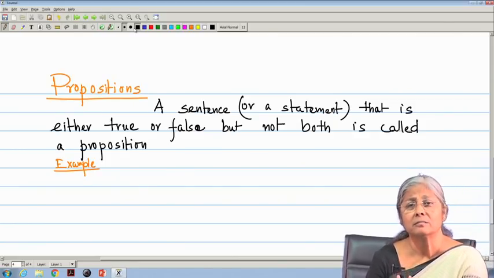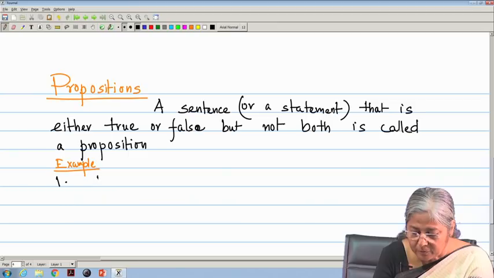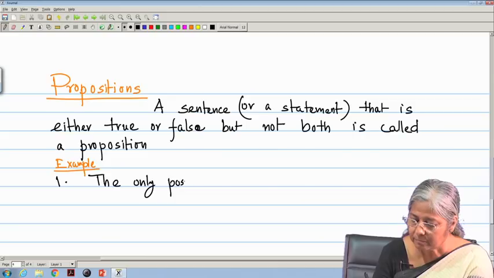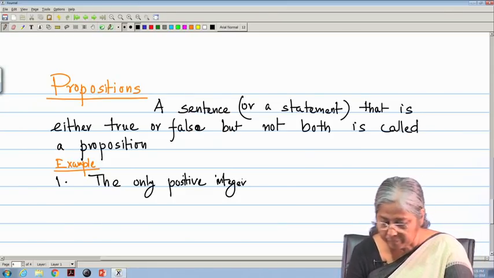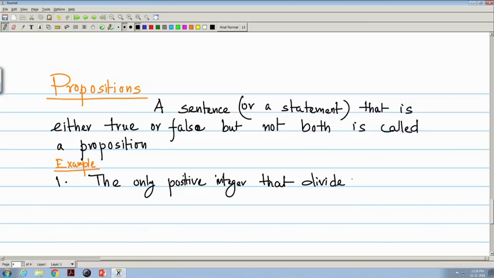First, the only positive integers that divide 7 are 1 and 7 itself.